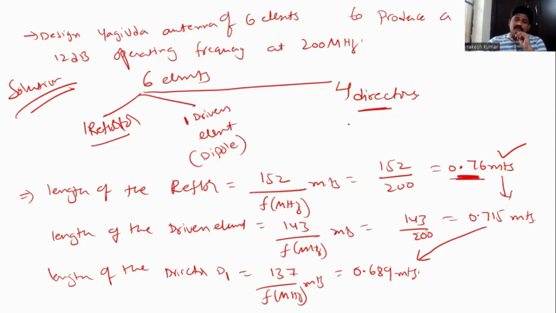Here, how many directors will be there? We have 4 directors: D1, D2, D3, D4. No doubt D1 is longer when compared to D2. D2 is a little bit more when compared to D3. D3 is more when compared to D4. Okay, now we have completed up to director D1.